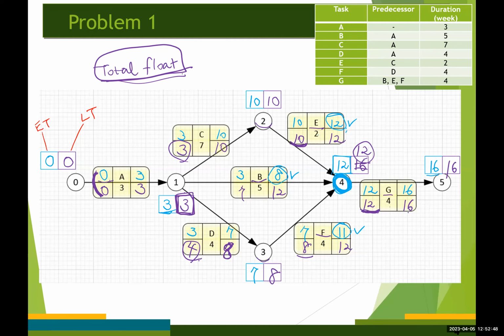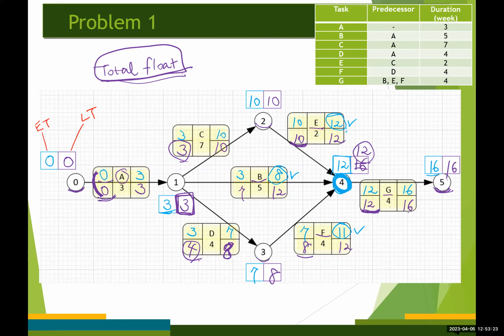Earliest start time and the latest start time for each activity, okay? And the path from the start node, which is node number 0, to the finish node, in our case, is node number 5, that consists entirely of the critical activities, is called a critical path.